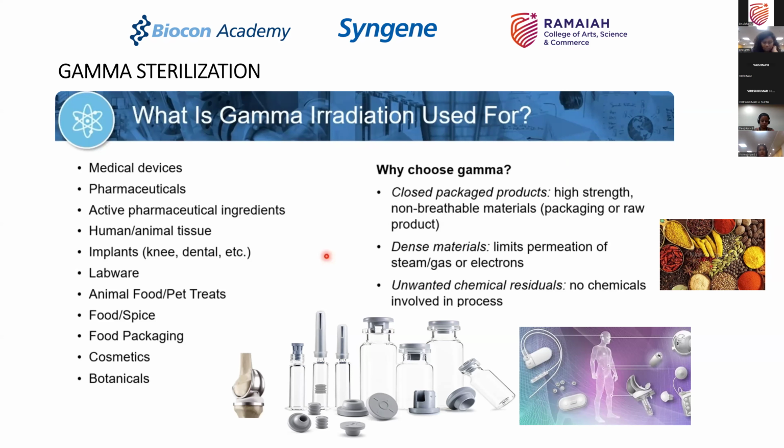In such cases, gamma irradiation becomes the choice of sterilization method. So the choice is always: if you can do it in-house and terminally, that's the first choice. Then you move to aseptic processes, and then you use ready-to-use components and single-use where applicable, where gamma irradiated components would be there.